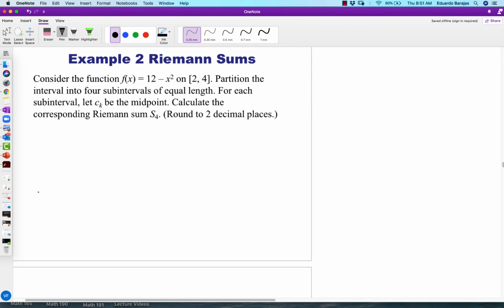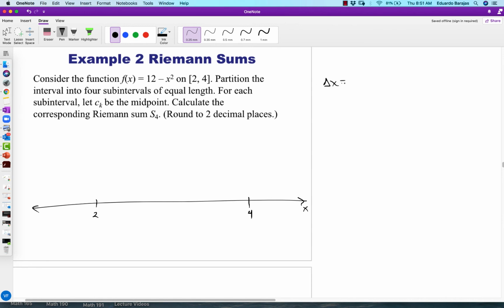So we're going to have some sort of an x-axis, and then we're going from 2 to 4 like this, and then we're going to break this up so that we can come up with 4 rectangles. The way we do that is we need to figure out our delta x.